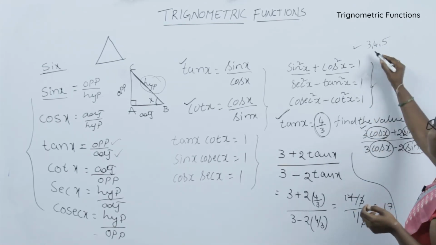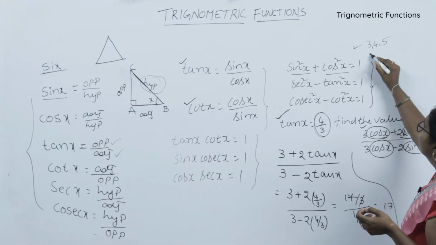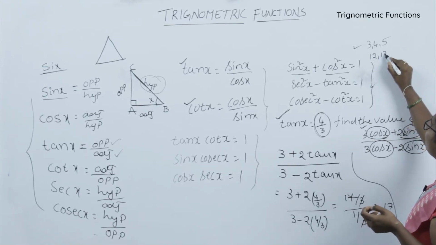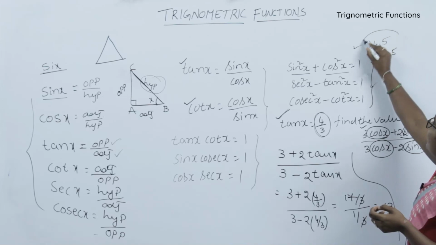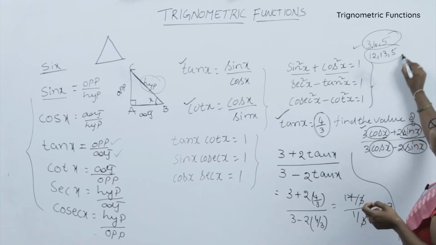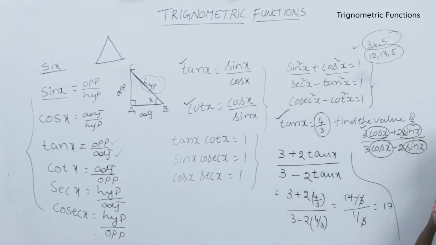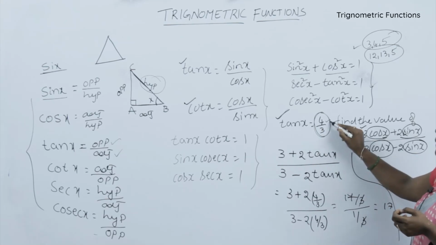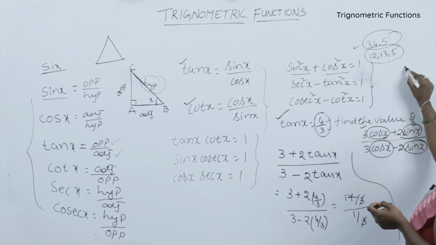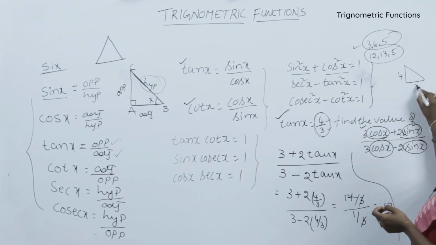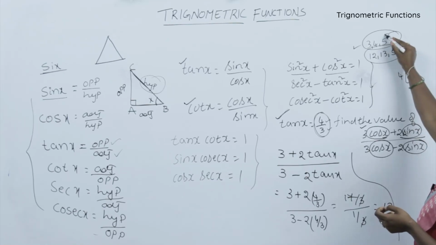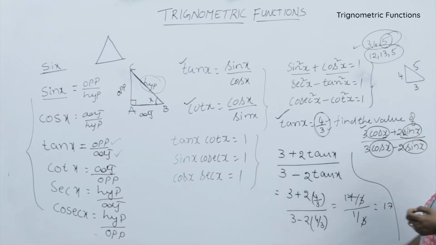And if 12, 13, then 5. So if any two sides are given, the third side is automatically determined. So here tan x is 4 by 3, so 4 is the opposite side, 3 is the adjacent side, then what is the hypotenuse here? It is 5. If you want to check, just check it by Pythagoras theorem.